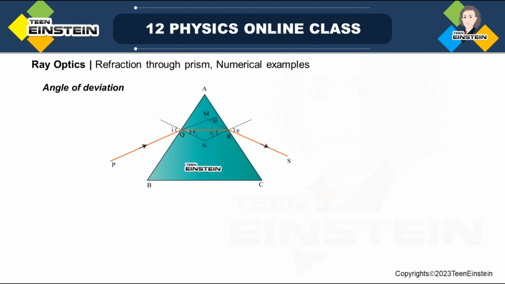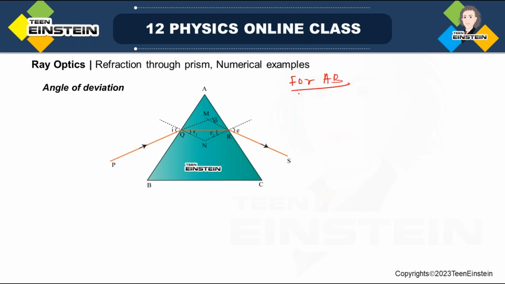See, the ray PQ is the incident ray, and the angle of incidence is this. For the AB face, if we consider the refraction at the AB face, the angle of incidence is this.